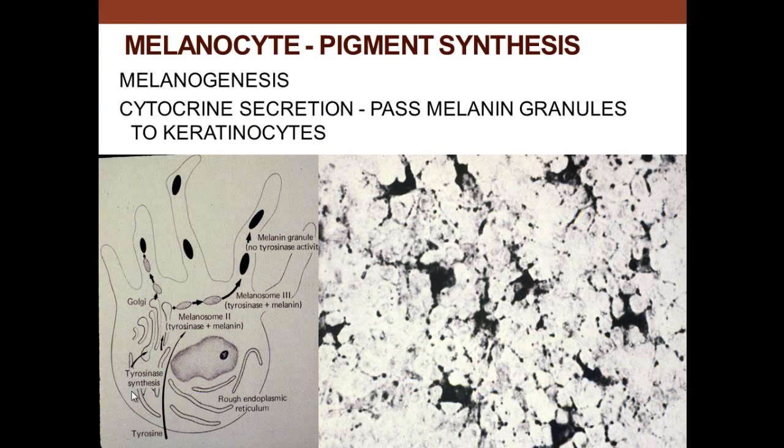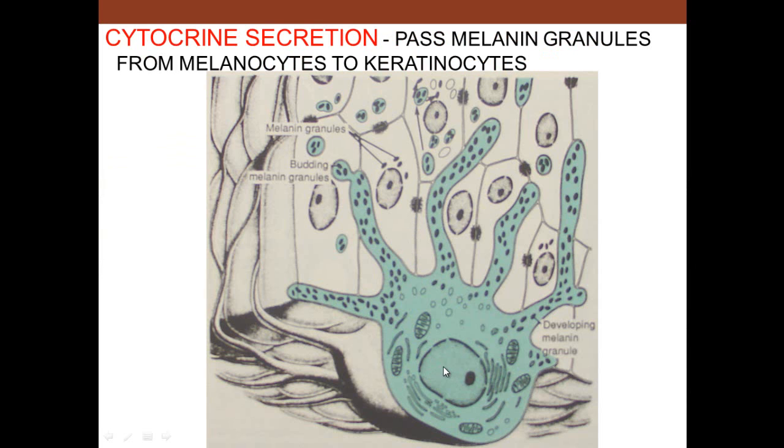Now here you can see tyrosinase is involved. You've got rough endoplasmic reticulum and Golgi to produce the melanin granules, and the melanocyte produces the granules. Here we see the melanocytes with projections therein, and they pass that on by cytocrine secretion to the keratinocytes. So here you can see the melanocyte budding off the melanin granules with a membrane, going to a specific cell.